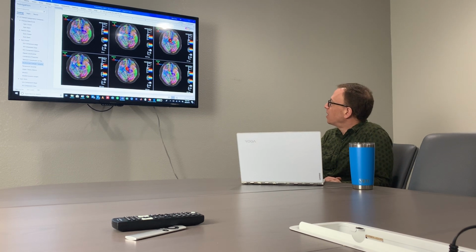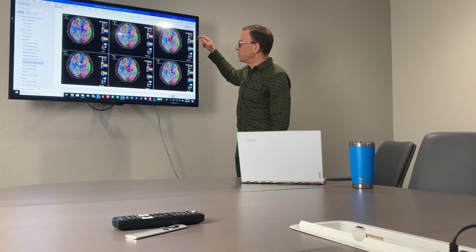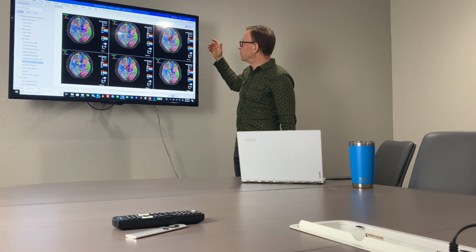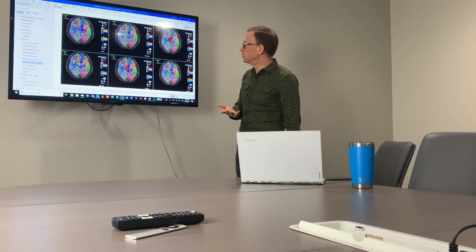For an adult, you would want it to be between 25 and 40. Okay? So that means anything above 40 is very high connectivity or too much, and anything below 25 is too low connectivity. So her highest value is a 10, which means she never has any value during the EEG that goes above a 10, or only about 40% of what it should be for a normal functioning adult.